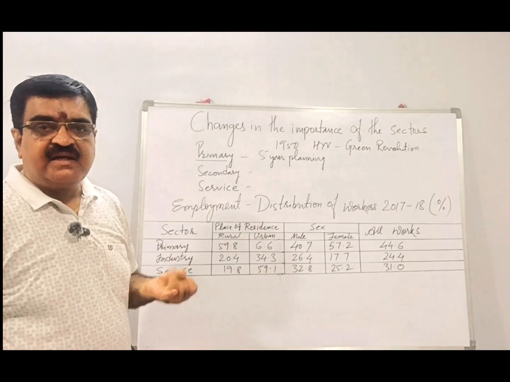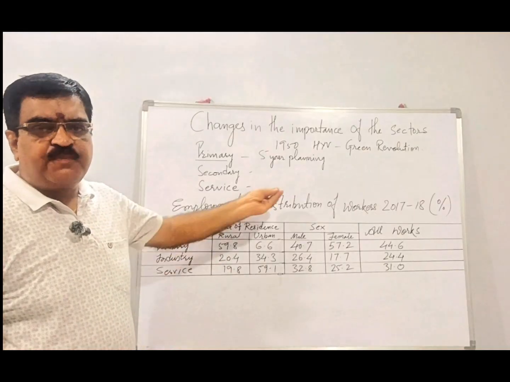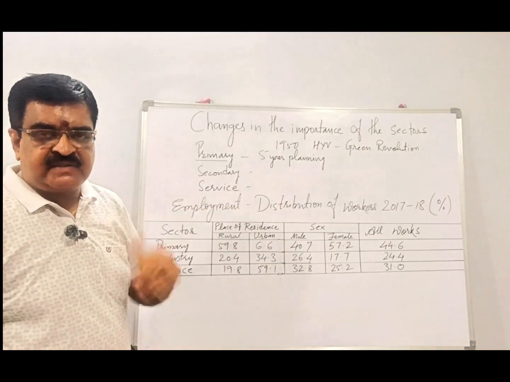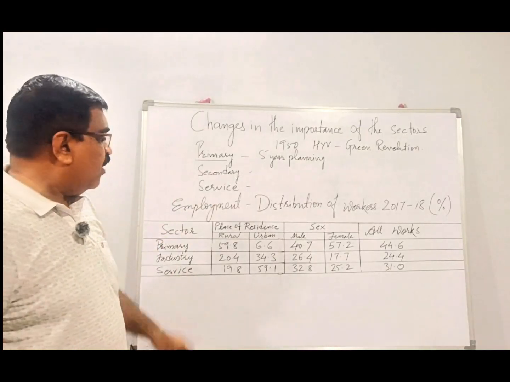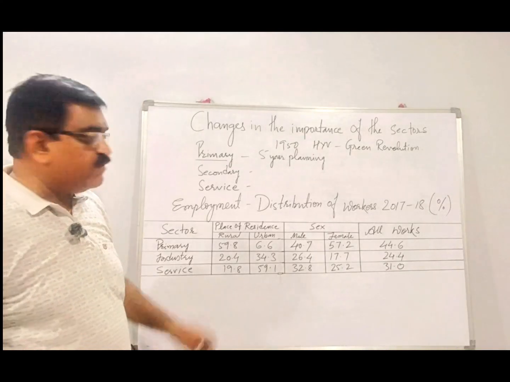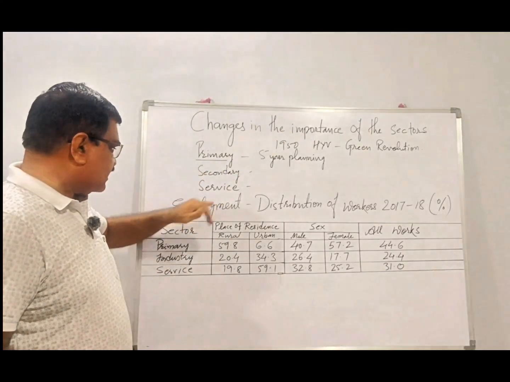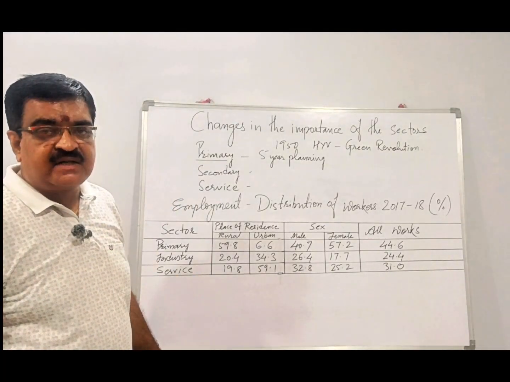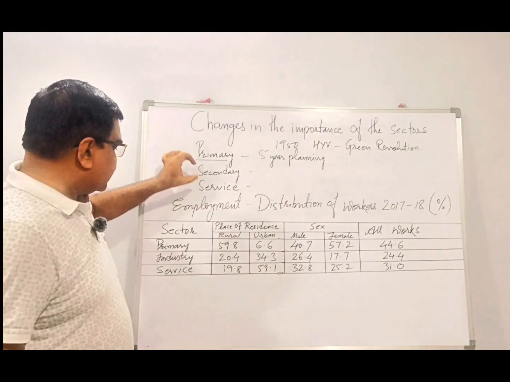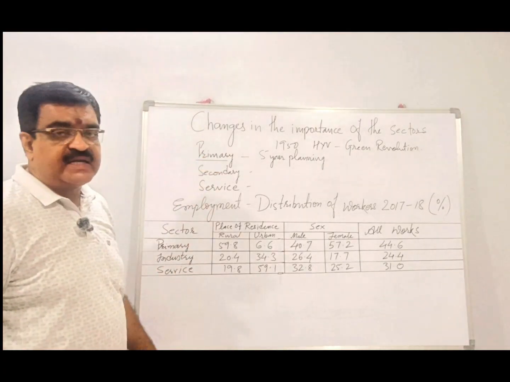IIT is there, ITI is there, and the different professional training colleges, MBBS college, nursing college, medical colleges, all these were established by the government. And likewise there was a sectoral transformation in the primary sector, secondary sector as well as in the service sector. But whatever sectoral transformation has taken place in the secondary and the service sector, that much sectoral transformation has not taken place in the primary sector.